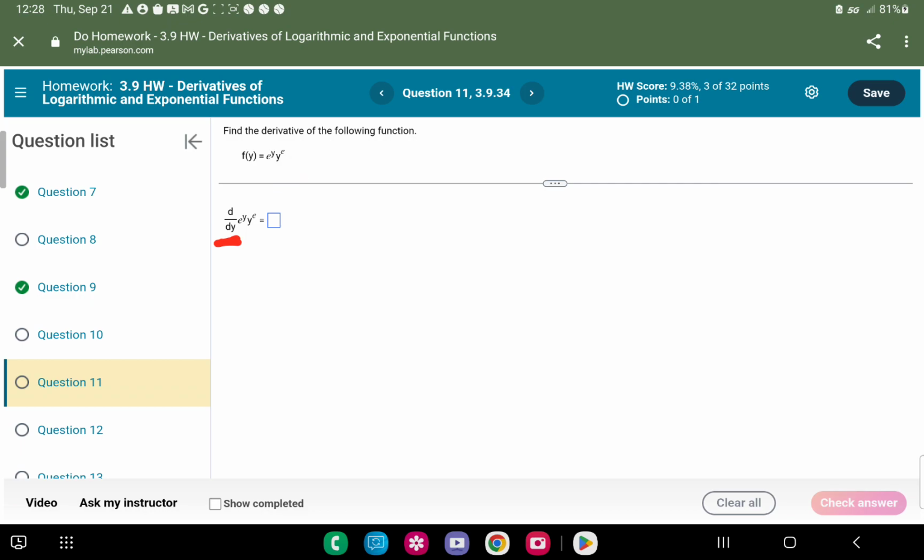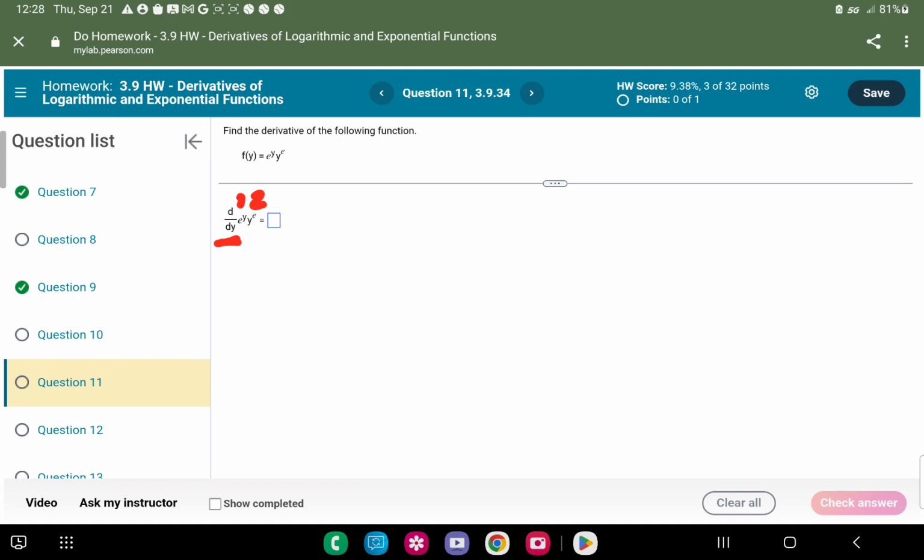All right, so it looks like the exponential rule and the product rule are in play here. Whenever I take this derivative, I'm going to assign my first function and second function, or a function f, excuse me, and a function g.